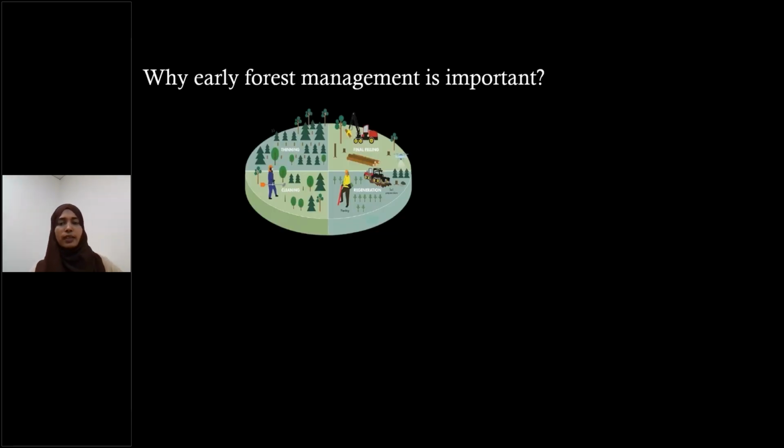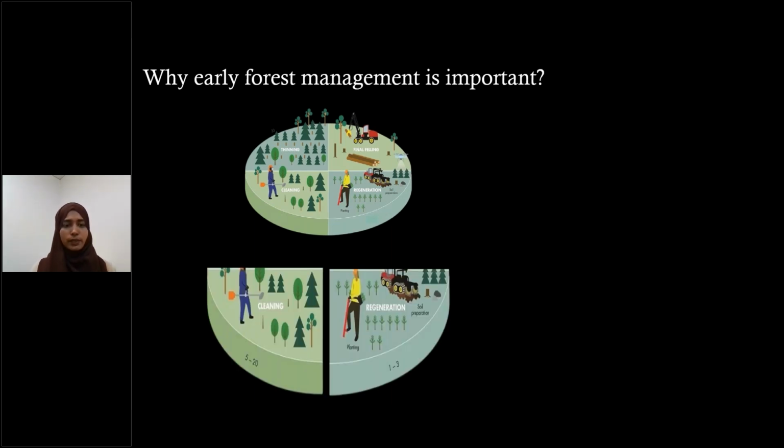Okay, so the first thing, why do we even need to care about early forest management? If we look at the full rotation of a stand, that starts with the final felling, followed by soil preparation and regeneration establishment, and then pre-commercial thinning, and 1 to a few thinnings in the stand, depending on the stand. In Sweden, the rotation is usually 60 to 80 years.